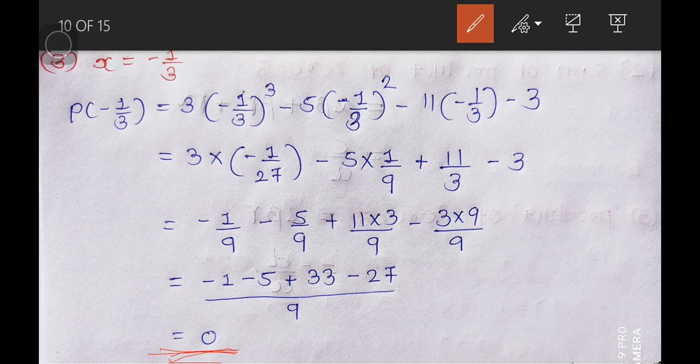So here we have 3 into minus, we find the cube of 1 over 3, and we know that for an odd exponent the minus sign always remains, and for an even exponent the sign will be positive.